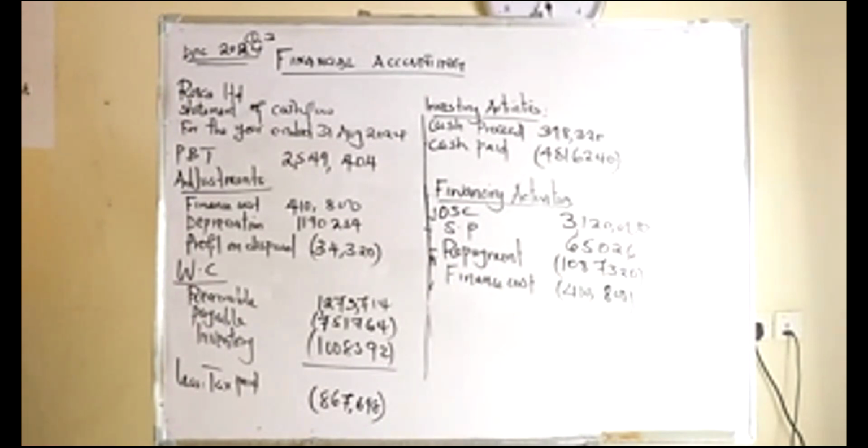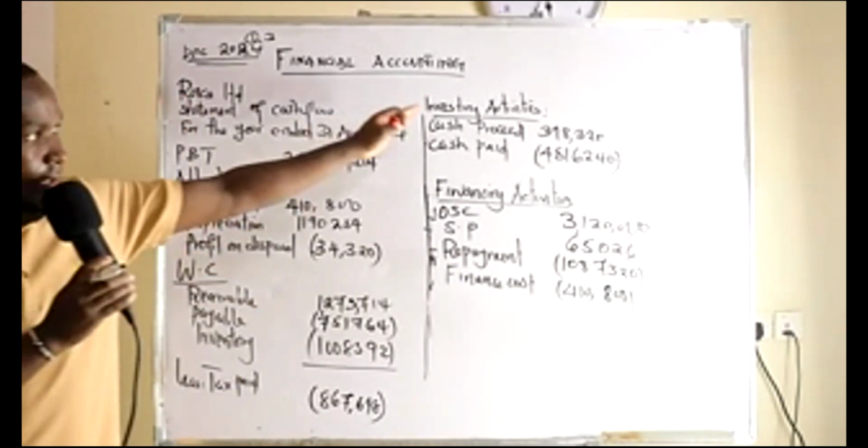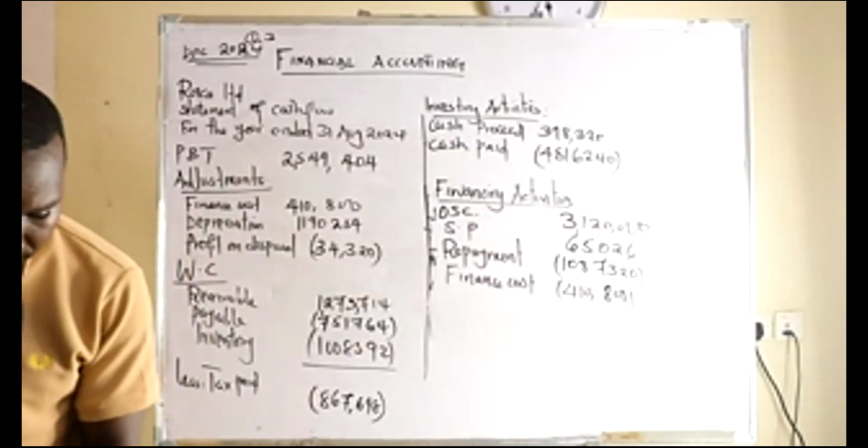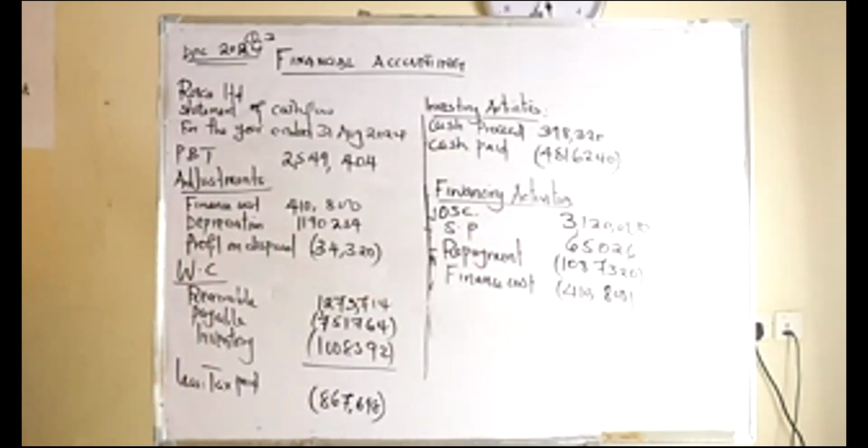Summation is very simple. The first one is A, the second one is B, and this one is C. So let's get first the net cash flow from the operating activities.